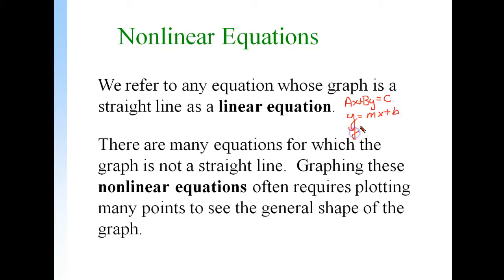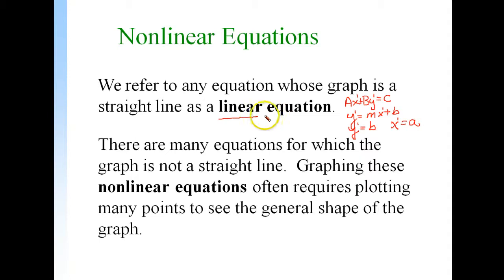And then there is y equals b and x equals a. These are the four main linear equations. Notice that the exponents on the variables x and y are all 1. Here this is just a 1 and this is just a 1. Okay, so if that is true, they are a linear equation.